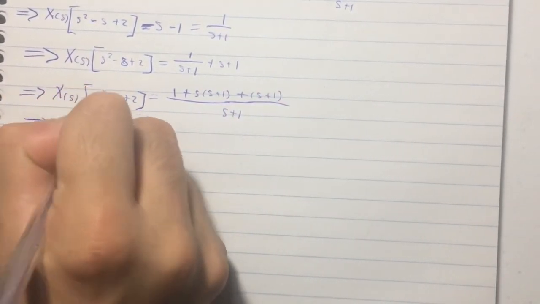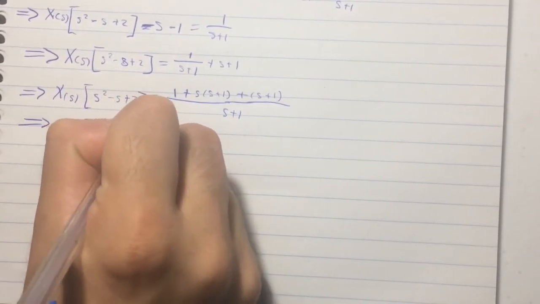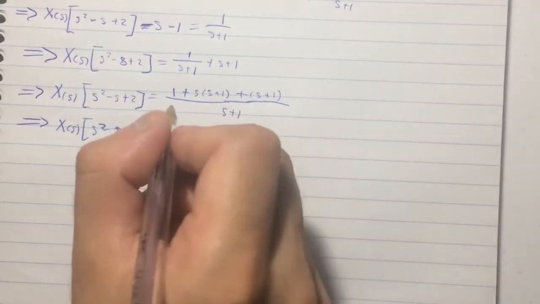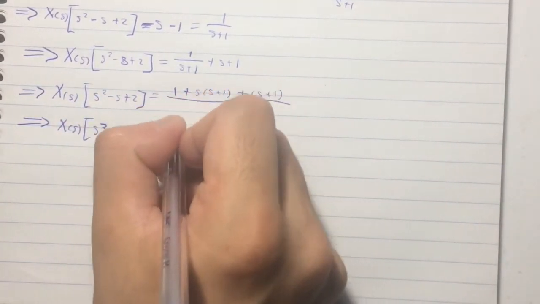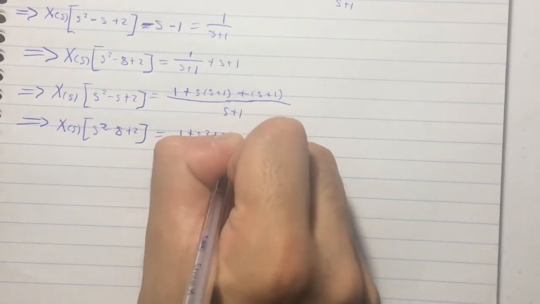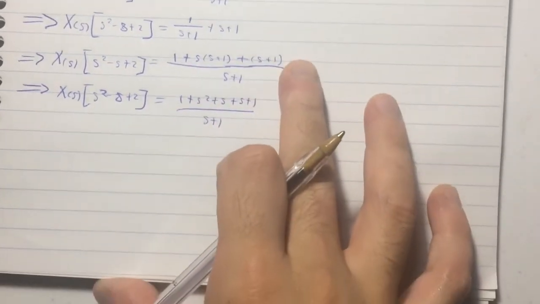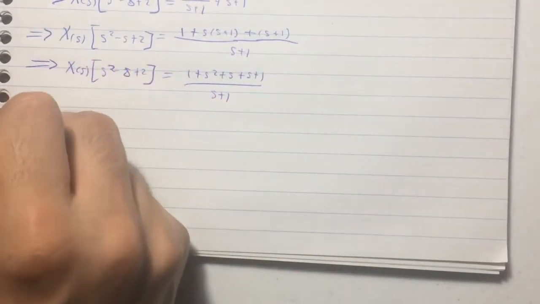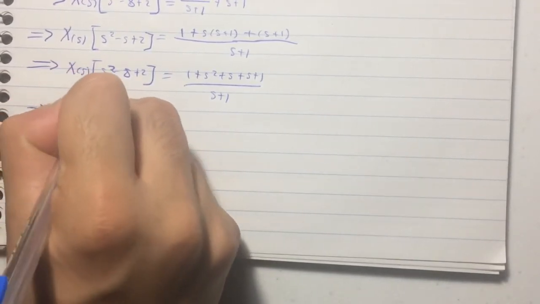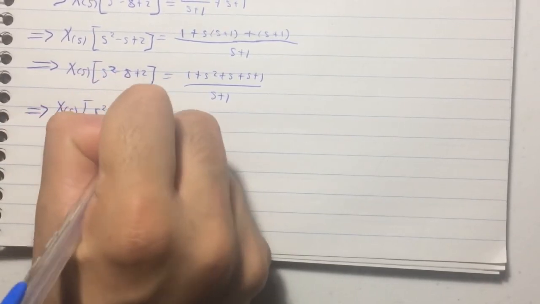So let's keep going. So Xs times s squared minus s plus 2. I'm sorry about that. So 1 plus s squared plus s plus 1 over s plus 1. So we're getting towards the end of the video and the end of the page. Xs times s squared minus s plus 2.